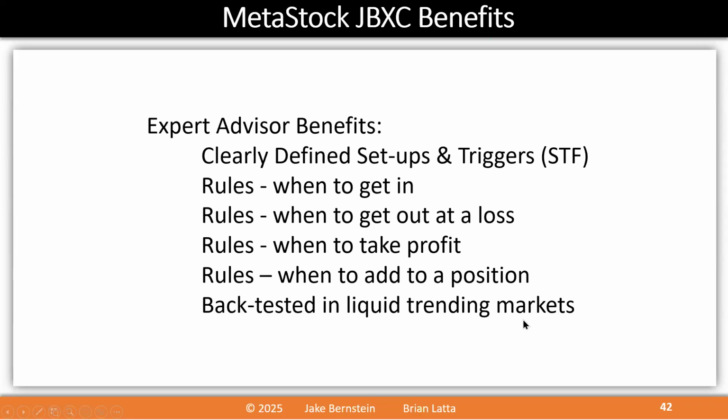And when I say liquid trending markets, in order not to offend anybody's favorite stock, if it was like Bob's Pizza Parlor, not likely to be what we would call liquid. So high volume. I also scan for over 5 million shares, 20-day average volume. And because it's going to be an option trade, they have to have weekly options, and the open interest needs to be high for the strikes that we would trade.